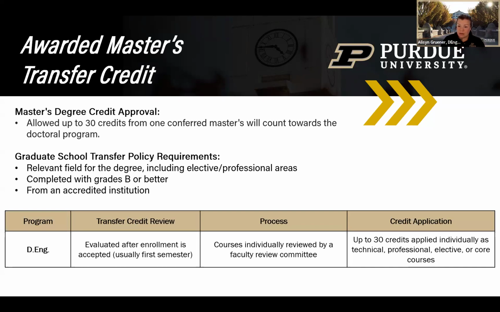But the coursework that you select is going to be defined into those buckets based on the master's degree that you have. In terms of transfer policy requirements, you must have a B or better on your coursework from your master's degree, and it has to come from an accredited institution. And then one degree, one institution is what you're going to end up proposing. So hopefully that answers some of those questions.